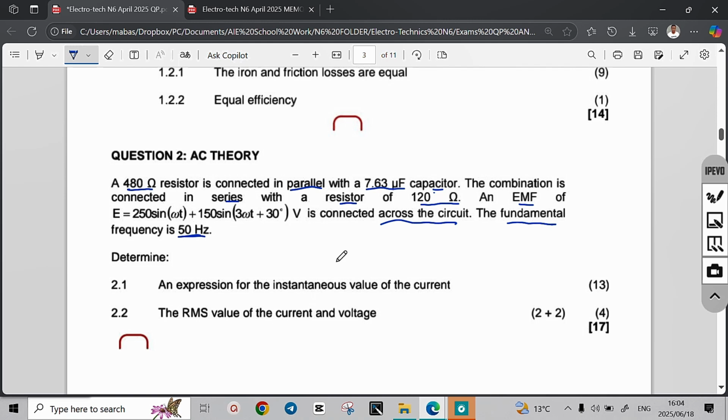So we are given 2.1, an expression for the instantaneous value of current.